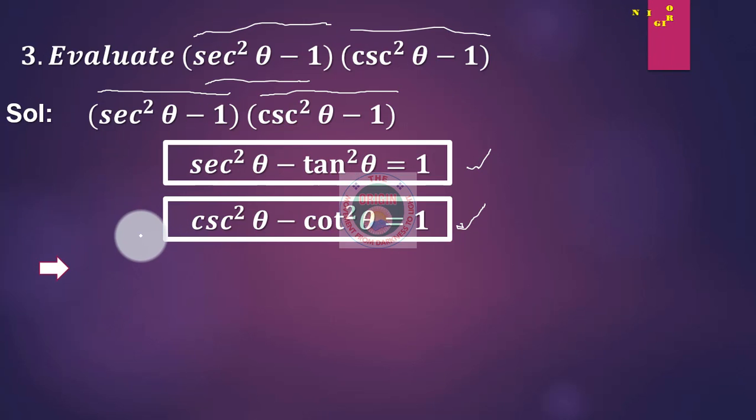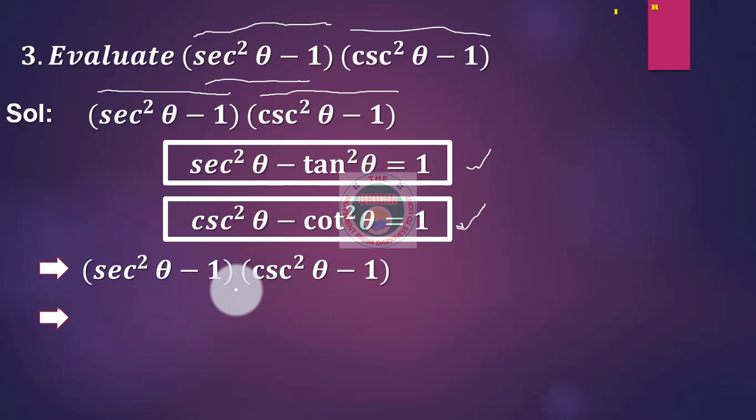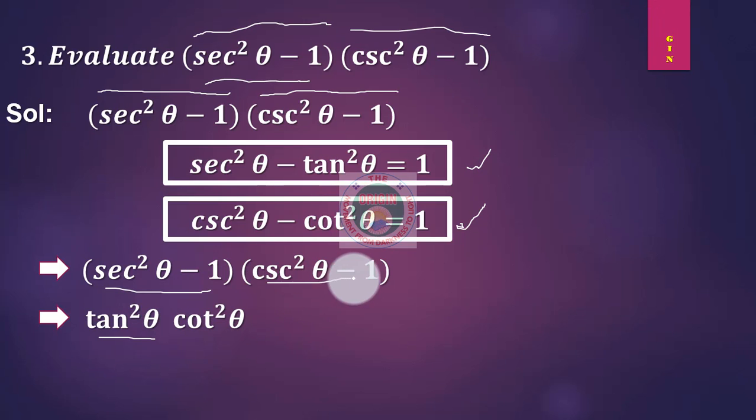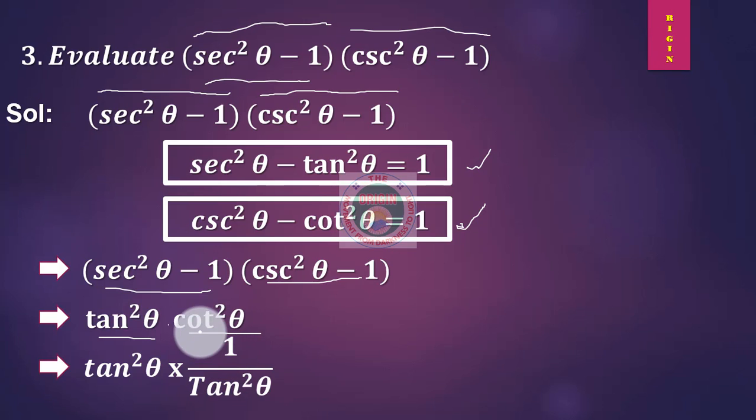Secant square theta minus 1 is tan square theta. Cosecant square theta minus 1 is cot square theta. Now, what is tan square theta into cot square theta? Cot is the reciprocal of tan, so cot square theta can be written as 1 by tan square theta.